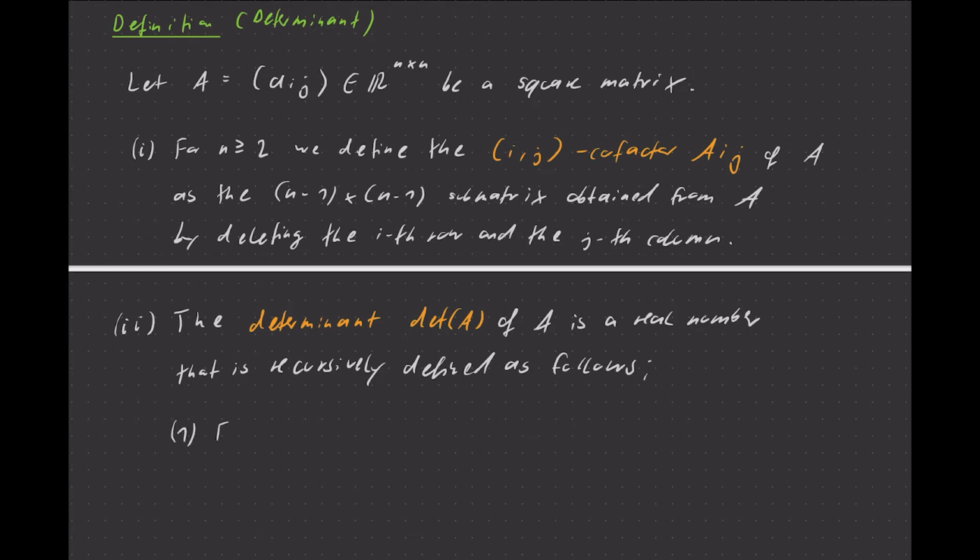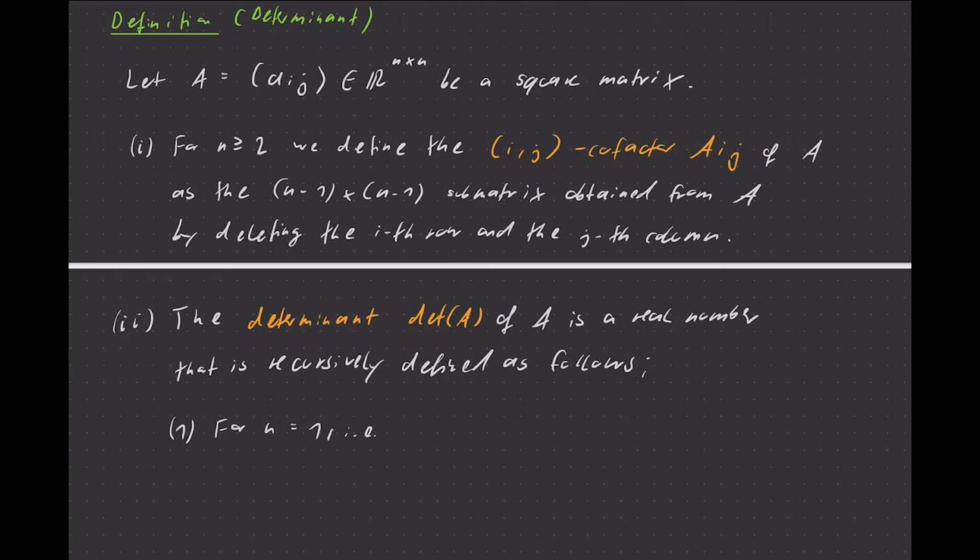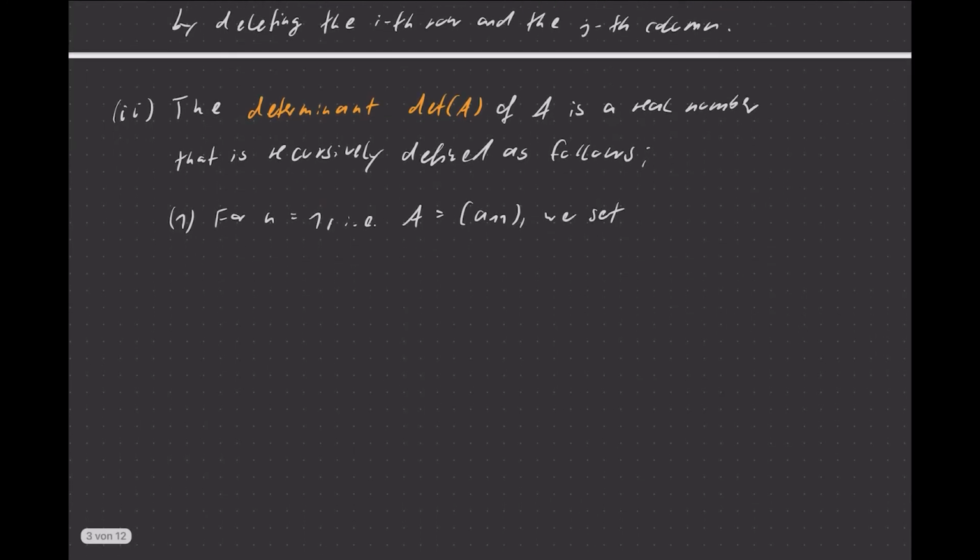If we have n equals 1, meaning A consists of just one entry, A11, then we set the determinant to just this number.